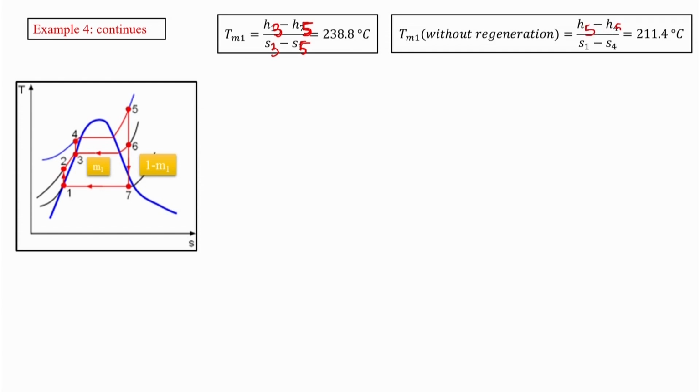H5, we have basically the mean temperature of heat addition as (H5 minus H3) divided by (S5 minus S3).